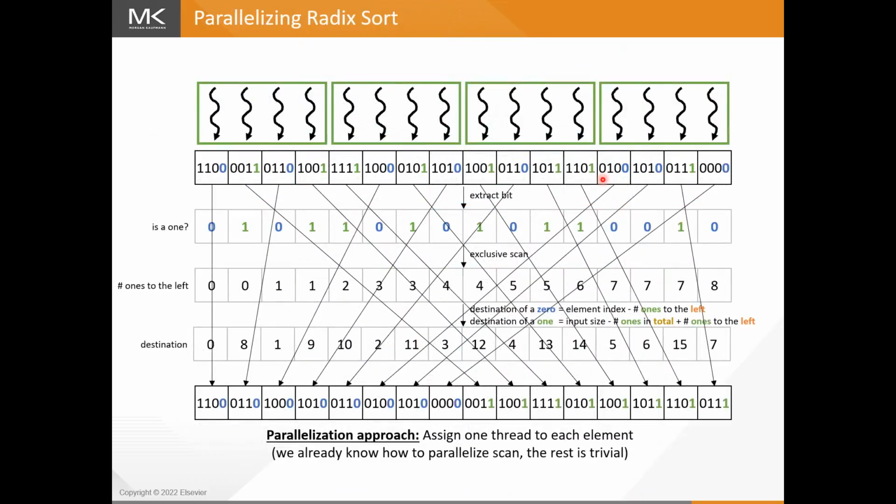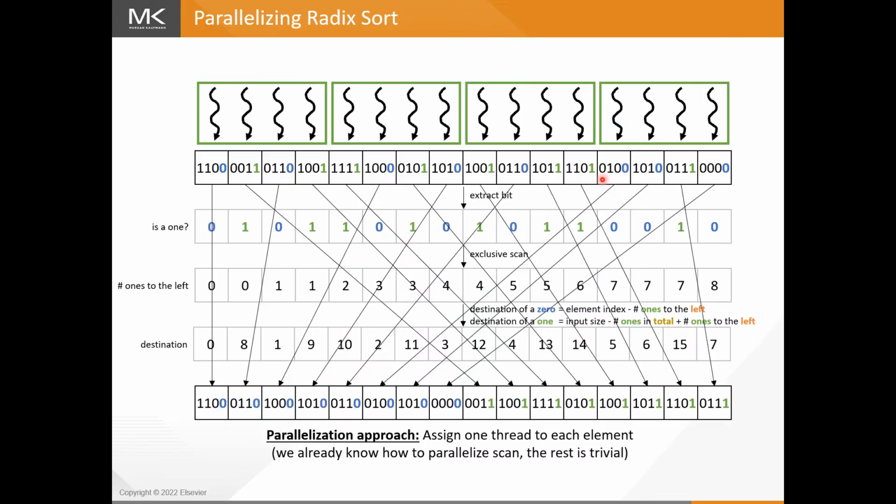In the filter pattern, we took elements that meet one criterion and threw everything else out. In this partition pattern, we take the elements that meet a criterion into one bucket and the elements that don't into another bucket. And if we have more than two buckets, we take elements into different buckets.